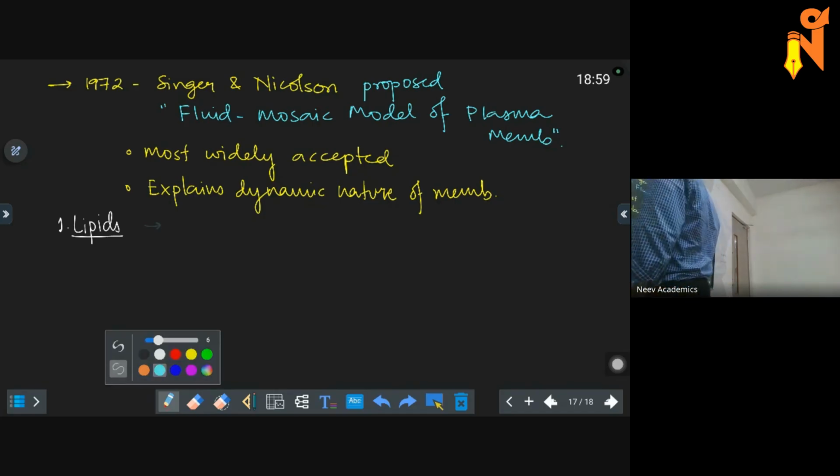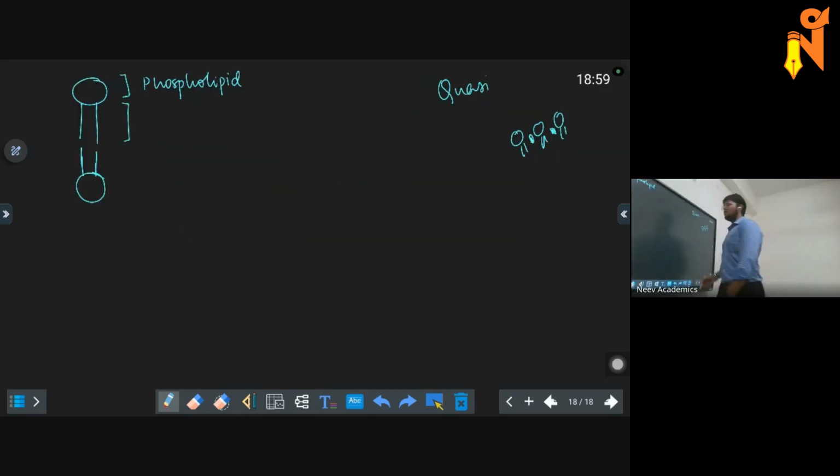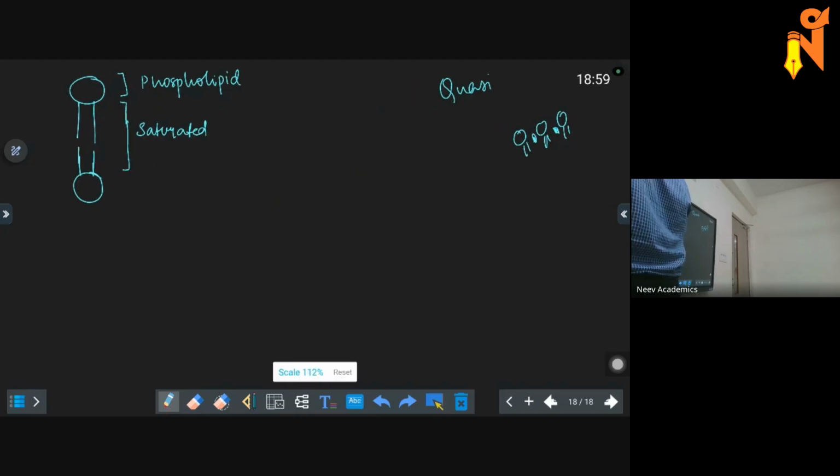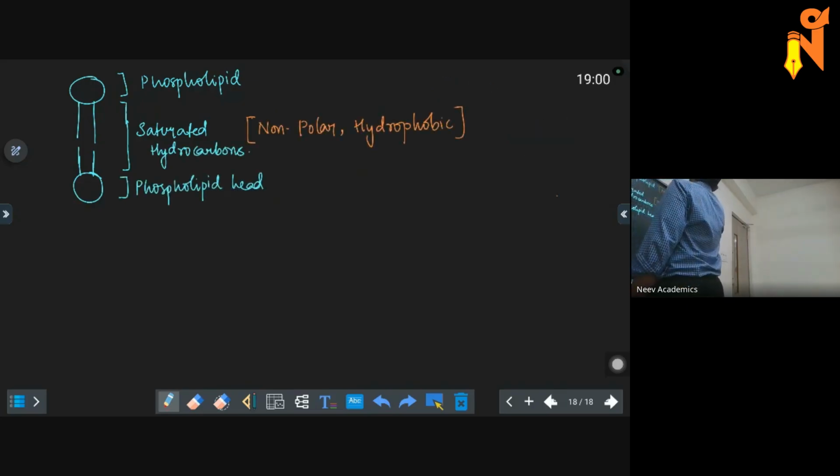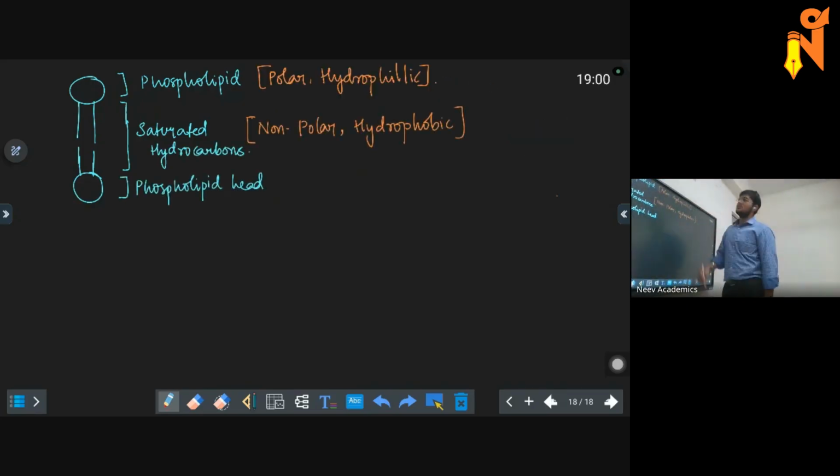So it protects that. First, draw this diagram, then you will write that: it holds the lipid molecules and prevents crystallization or separation of lipid molecules.